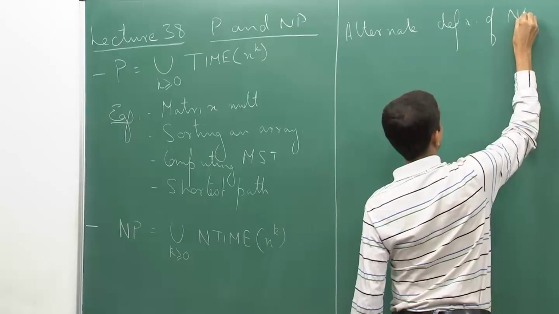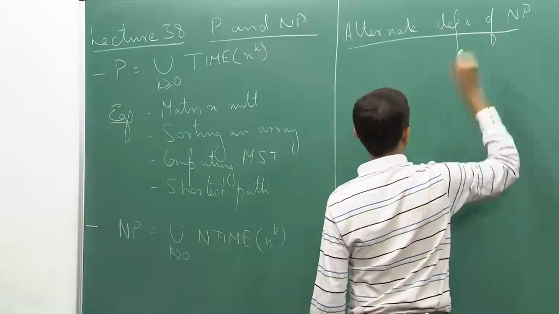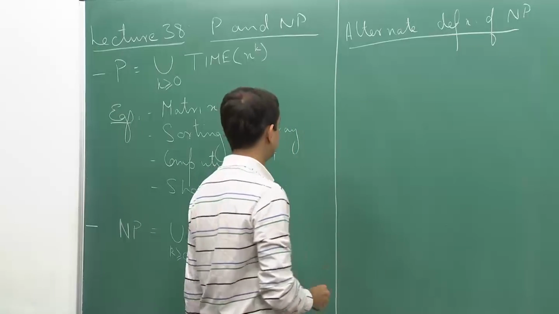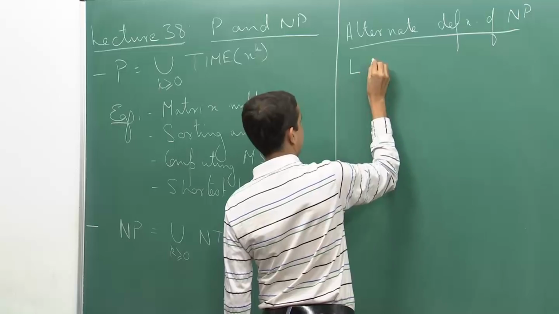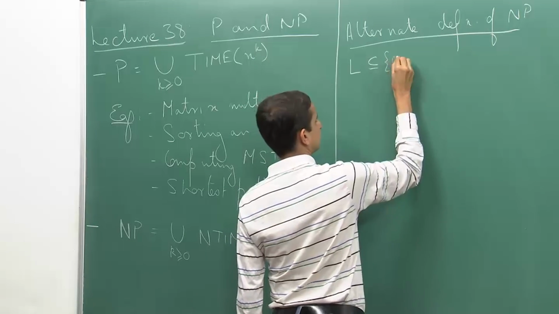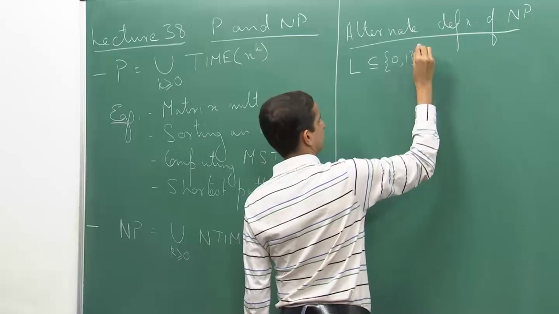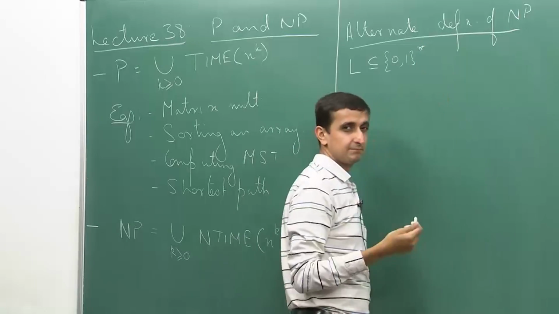Definition of NP. Okay. So, L subset of 0 1 star, or you can have any alphabet.